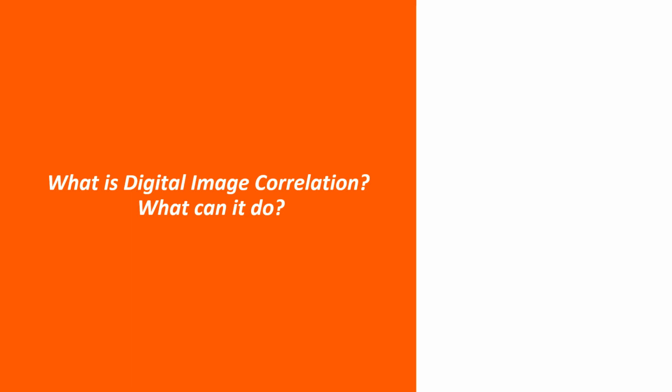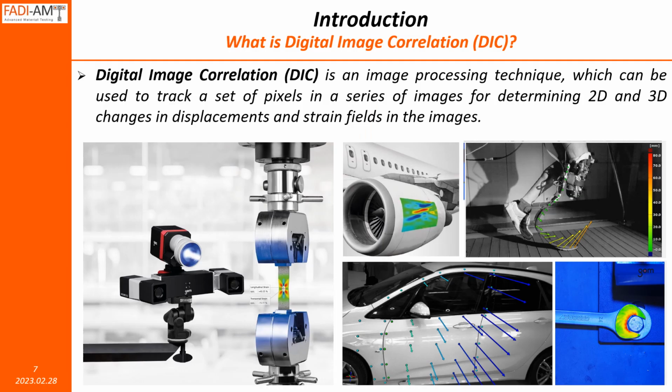So let's begin with what is digital image correlation and what can it do? Digital image correlation is an optical metrology tool. It can simply be taken as an image processing technique which can be used to analyze a set of pixels in a series of images that were acquired during the deformation of an object.